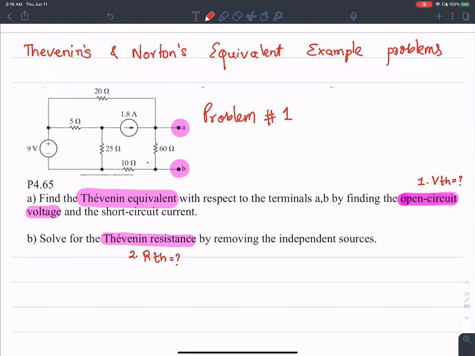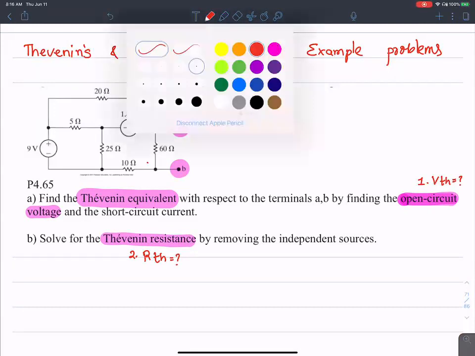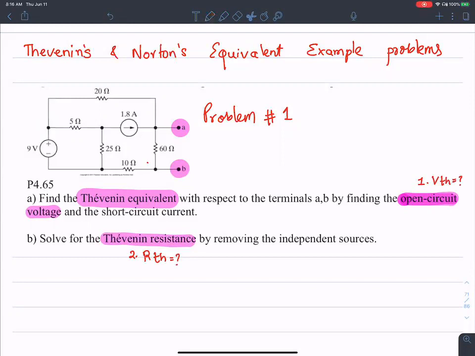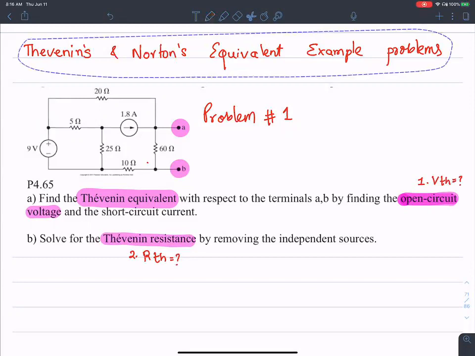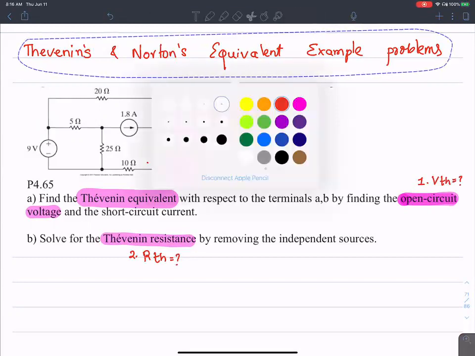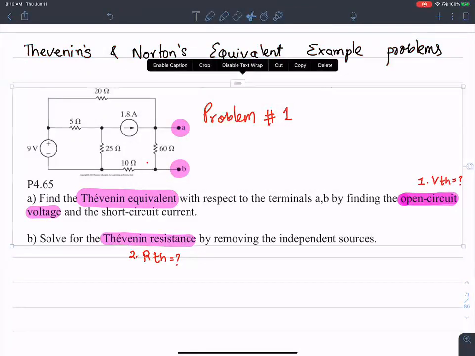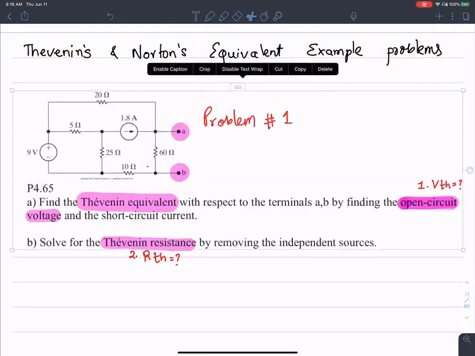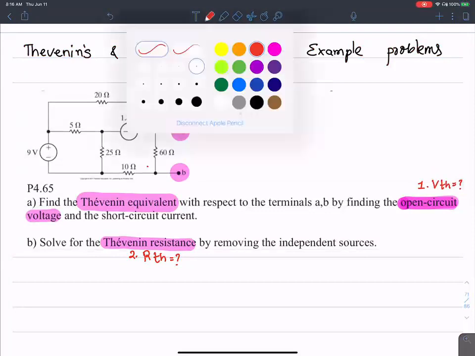Okay, so let's see if we can solve this. Let me make this a bit less colorful. Okay, problem number 1.